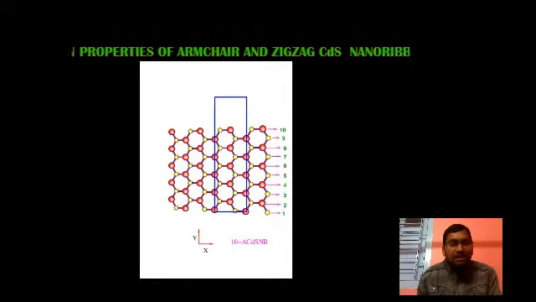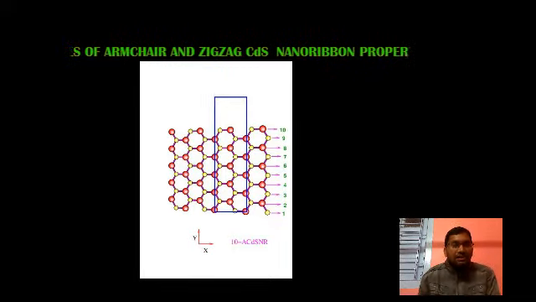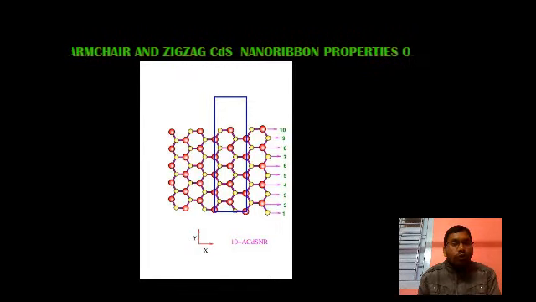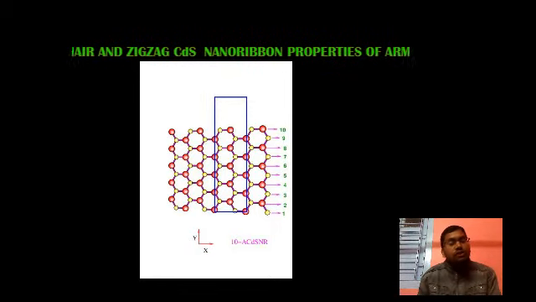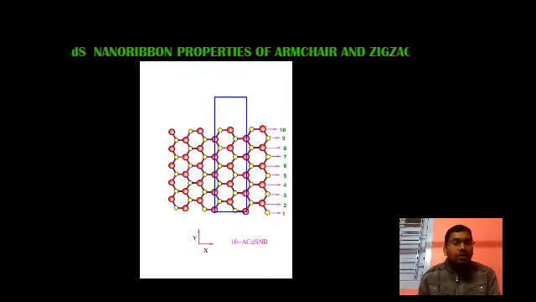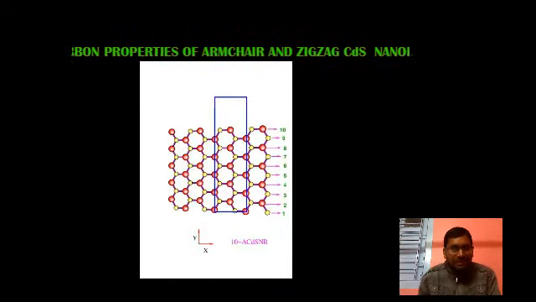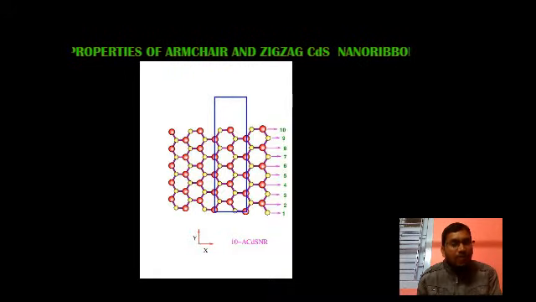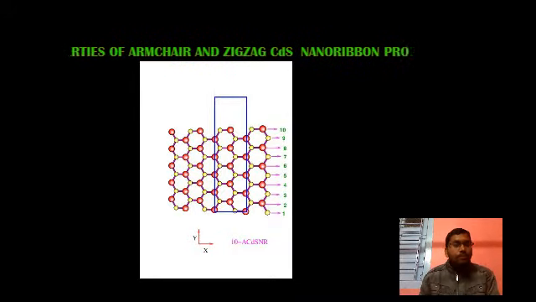You can see the numbers 1, 2, 3, 4. The atoms in this direction are used for naming the width of a finite-width nanoribbon. This is an armchair nanoribbon, so you can see this is a 10-wide armchair cadmium sulfide nanoribbon.